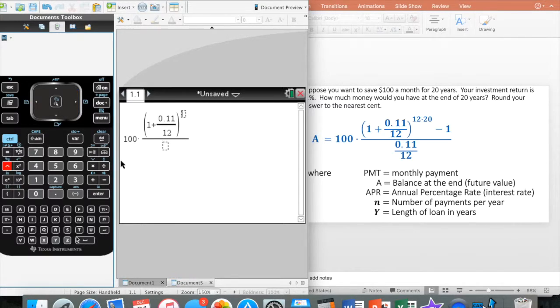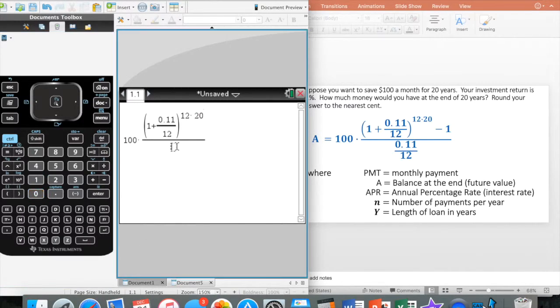That's going to be 12 times 20. Then on the bottom, I have yet another fraction. Oops, I forgot my minus 1. I don't know why, but I always do that. Let me add that in now. Just check to make sure you've got the minus 1 on yours. On the bottom here, I have a fraction. Again, control division sign is my shortcut to the fraction. So I go 0.11 divided by 12.